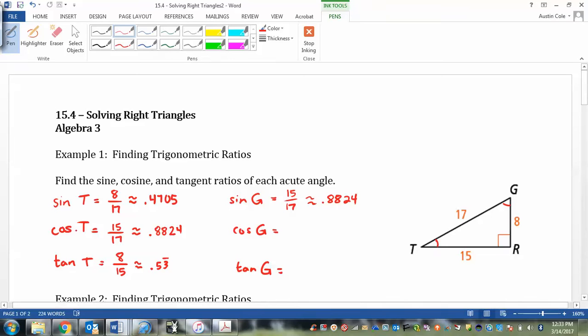So cosine of T equals sine of G. And cosine of G is going to equal sine of T. So 8 over 17. And then tangent of G, tangent is the opposite over the adjacent, which is going to be 15 over 8. What do we get there? 1.875.